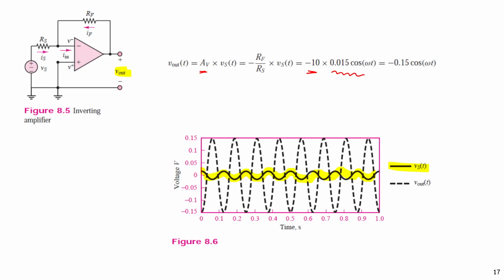So when V in is positive, V out is increased 10 times but negative. So we get this signal for output. This is the op-amp property.